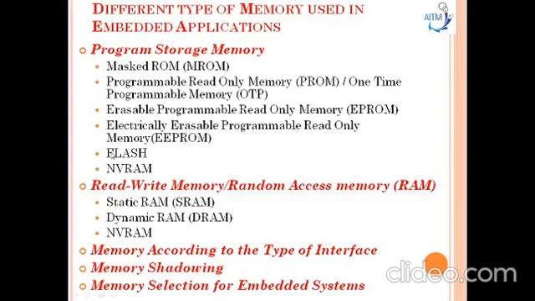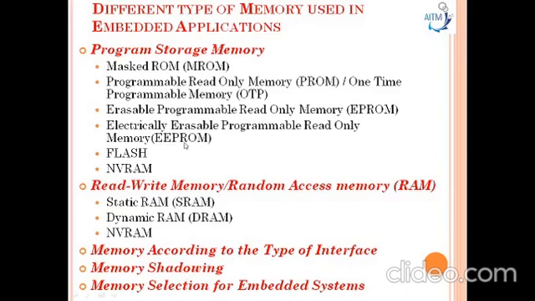Then we have flash memory, then NVRAM here. Then according to the read-write memory or random access memory, we have two types: one is the static RAM and the other is dynamic RAM here. Then also we will study about the NVRAM. Then we have memory according to the type of interface, then memory shadowing, then memory selection for embedded systems.